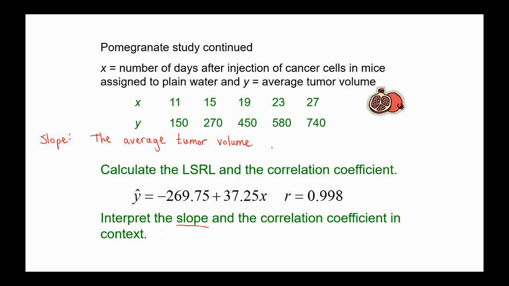The average tumor volume. What did it do based on our slope here? Did it increase or decrease? It increased.